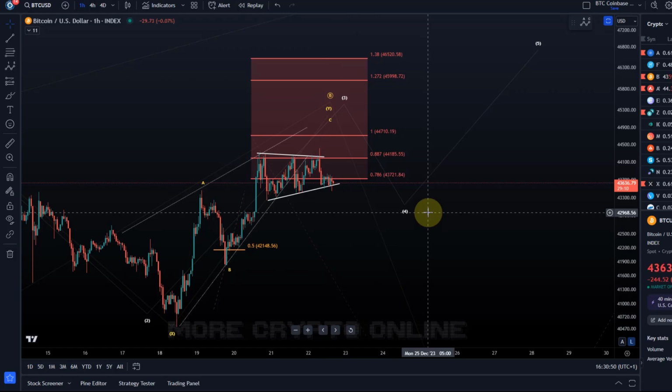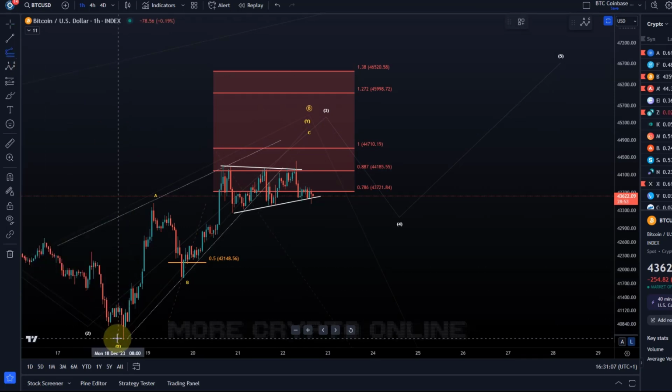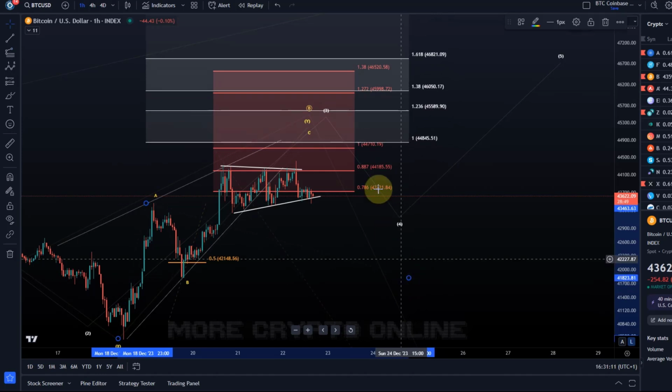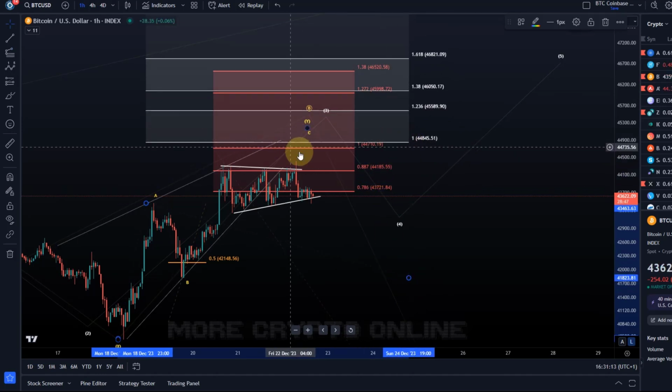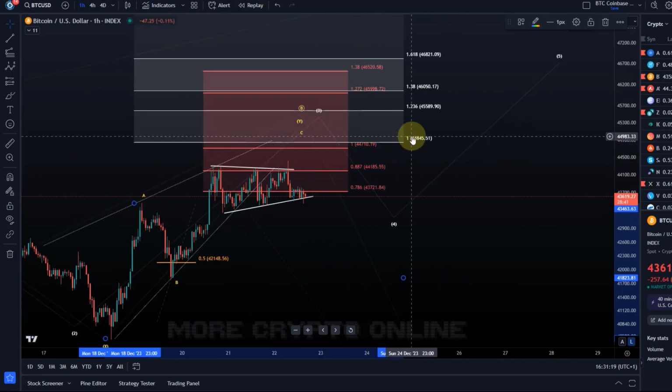What are we talking about? Maybe one more tiny high for this ABC structure. But yeah, the low could be in. But I'm still watching for potentially one more high because it just is dictated by the Fibonacci extensions. Talking about ideal targets for a C wave, typically the 100% extension level of the A wave, and then we talk about 44.8k roughly, 44.7 to 44.8. 44.7 is the previous high, so I'm just watching that range.